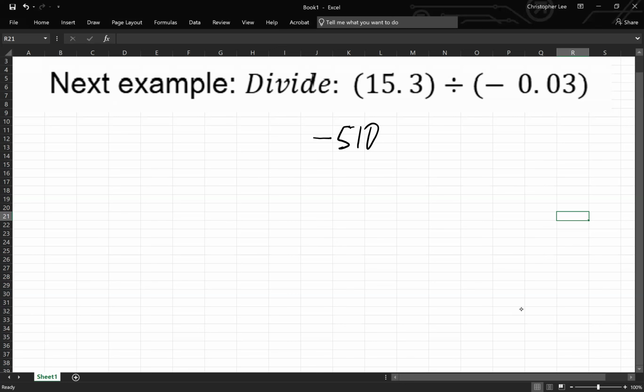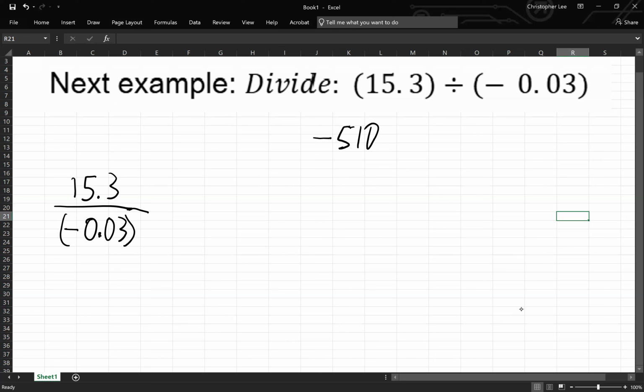If I rewrite this as a fraction, this would become 15.3 over the negative 0.03.